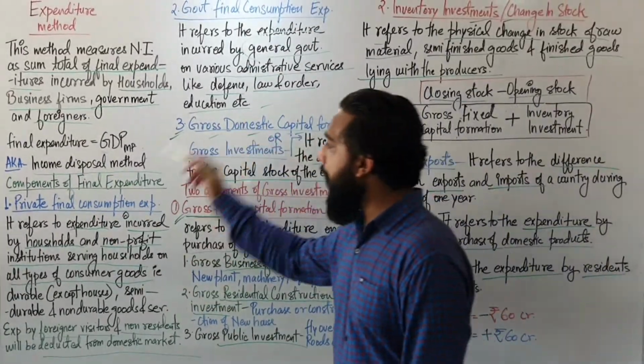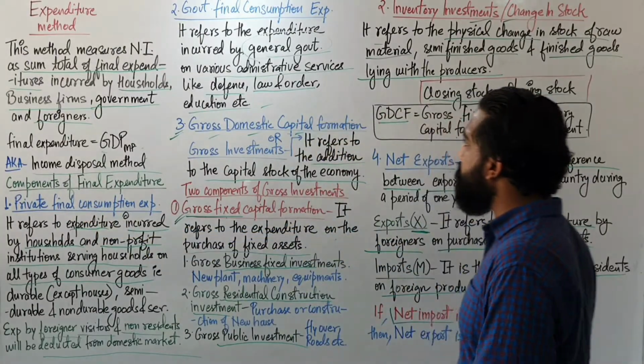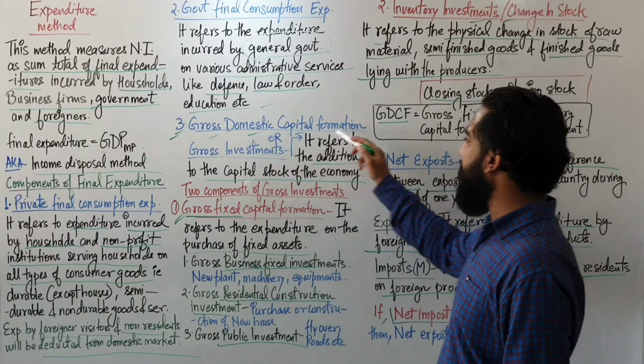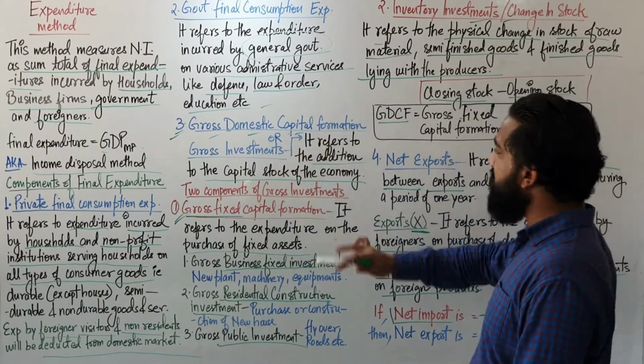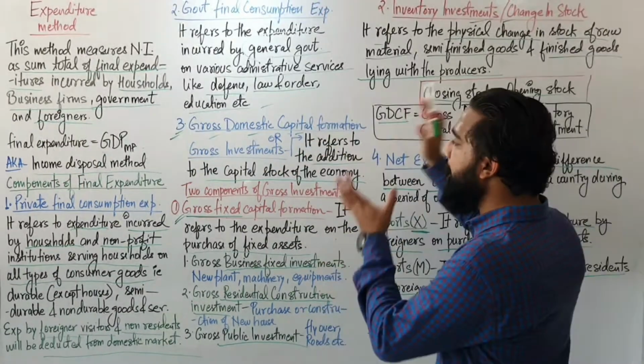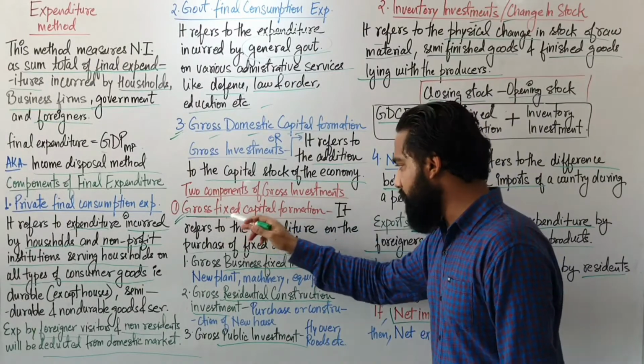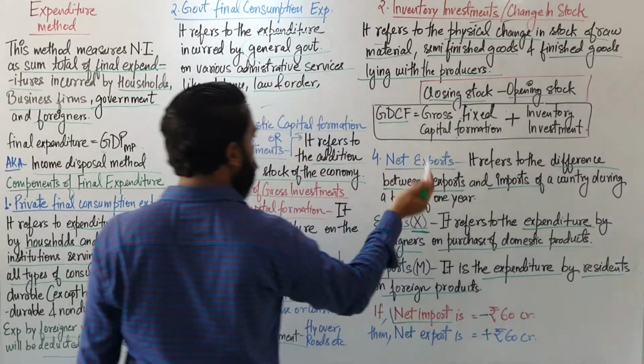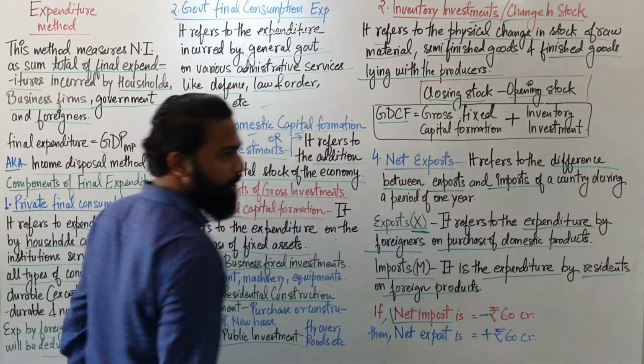You need to add private final consumption expenditure, government final consumption expenditure, gross domestic capital formation or gross investments, and if it's not given completely, you need gross fixed capital formation and inventory investments, plus the fourth component, which is net exports.